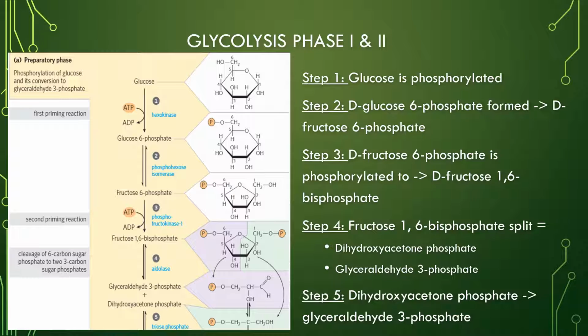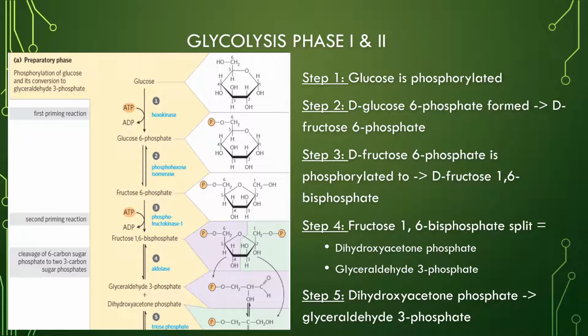And then that glucose 6-phosphate is going to be converted from D-glucose 6-phosphate to D-fructose 6-phosphate. Okay, and that's done through an isomerase, another enzyme.